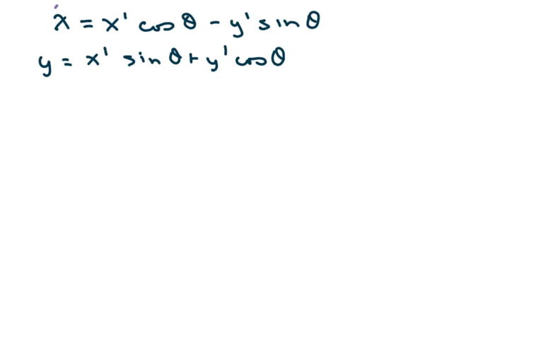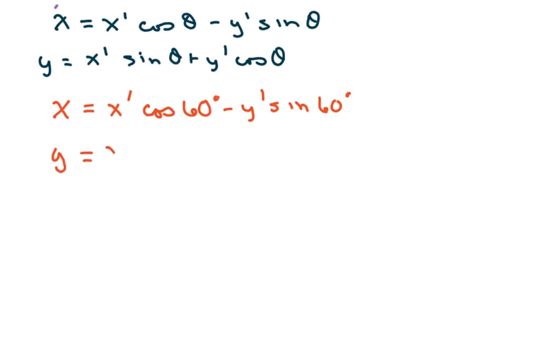And when you do this, we're going to get x equals x prime cosine of, well, we already know what cosine of 60 degrees is, minus y prime sine of 60 degrees. And then for y, we get x prime sine of 60 degrees plus y prime cosine of 60 degrees.